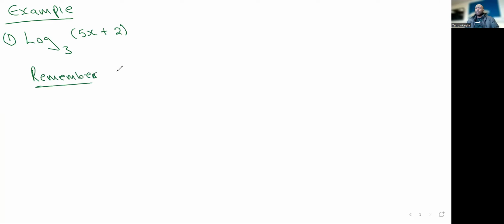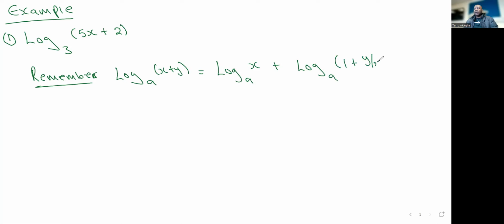The formula is log a of (x plus y) equals log a of x plus log a of (1 plus y over x). In this case, the 5x is your x, and the 2 is your y.